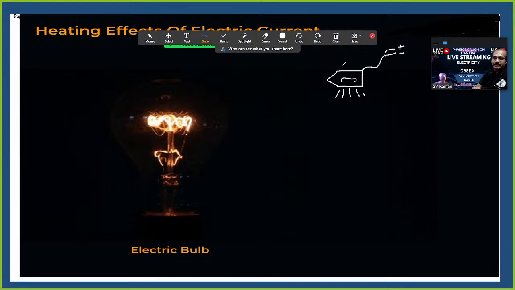We are giving power. What is power in physics? Power P is equal to work done in unit time. So who is doing work? Electric charges in the form of electric potential. So V is equal to W by Q, which implies W is equal to V into Q. Substitute over here.